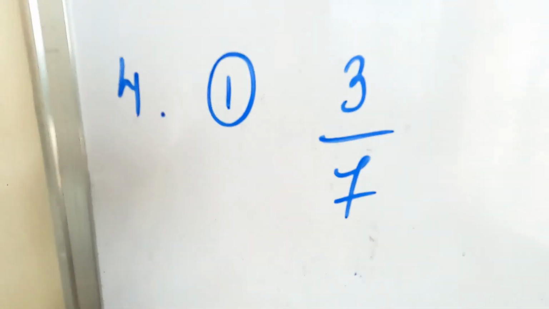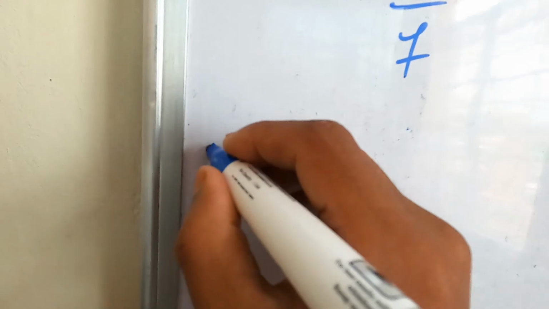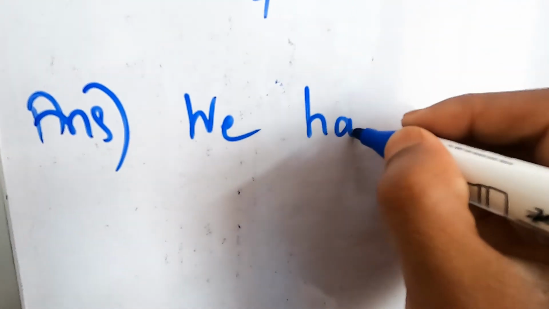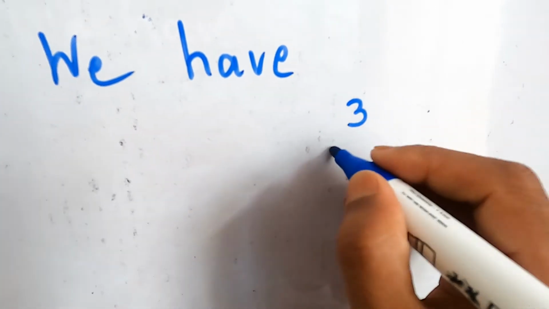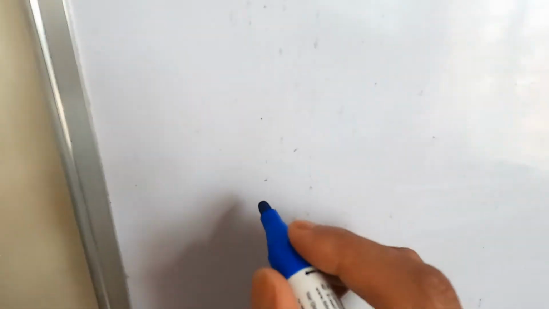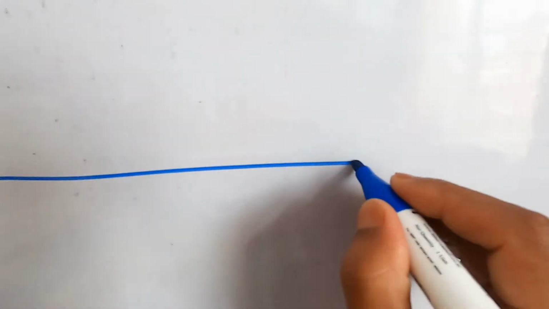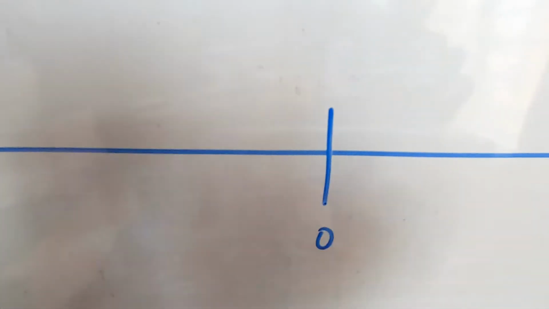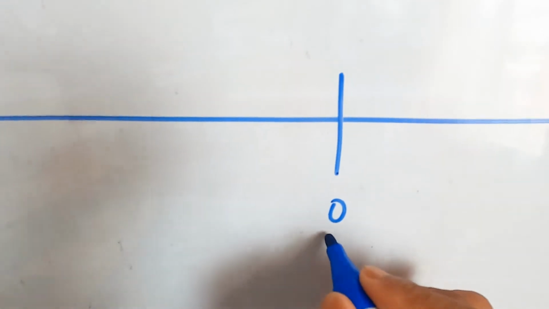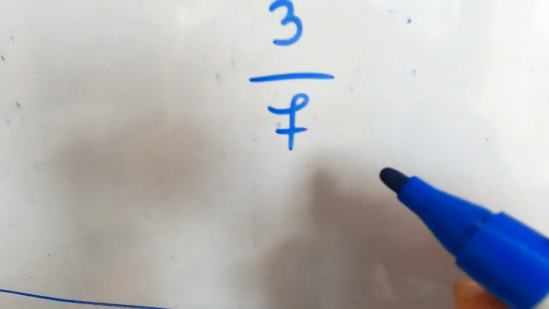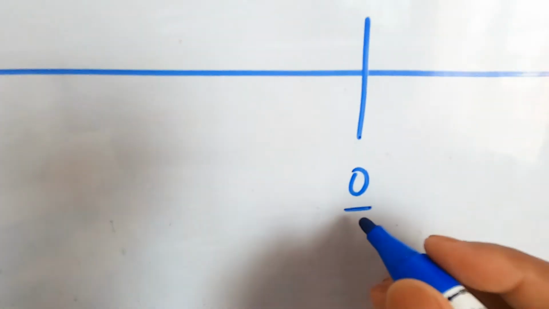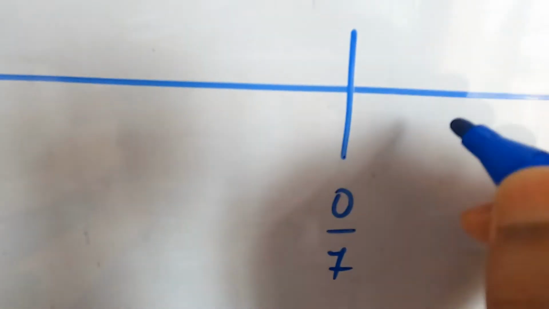Alright, so number 1, we have 3 by 7. So you write here, we have 3 by 7. So what we will do first is we will draw the number line system. So this will be your middle portion. So instead of writing 0, because the denominator is 7, here also we will write 0 by 7.